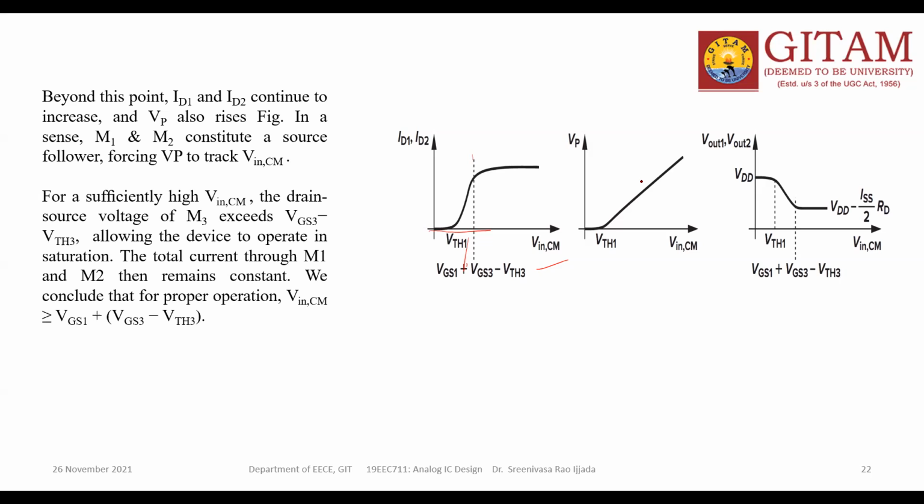For sufficiently high common mode value, the drain source voltage of M3 exceeds one particular value, VGS3 minus VTH3, allowing the device to operate in saturation. This makes both M1, M2 operate in saturation.